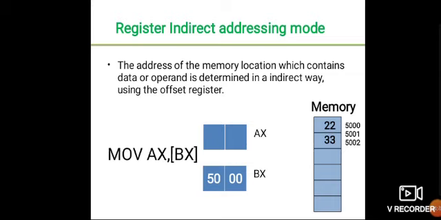Let us assume that BX has the data 5000. Now this 5000 will be treated as a location and the content present in 5000 and 5001 will move into the AL and AH respectively, that is AX. So this moves like this.